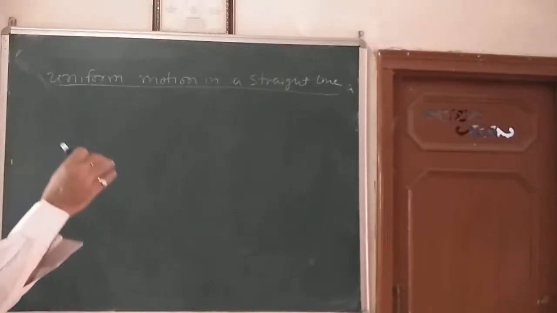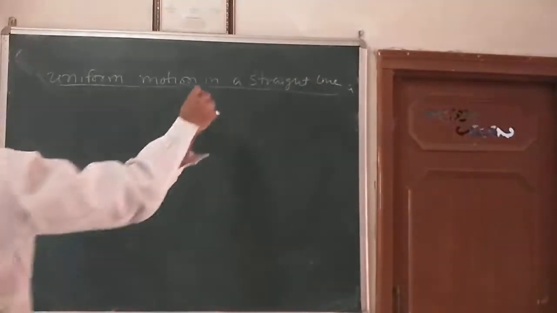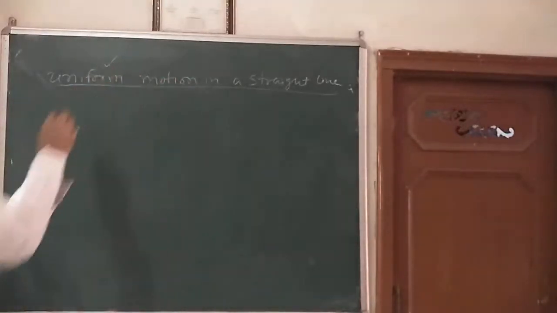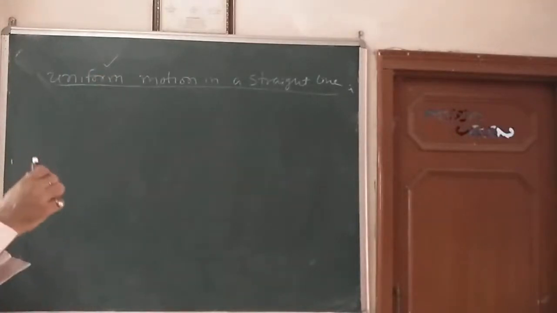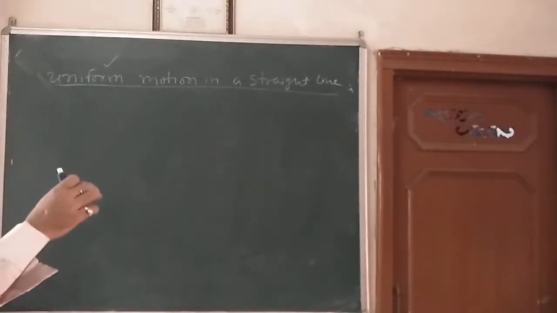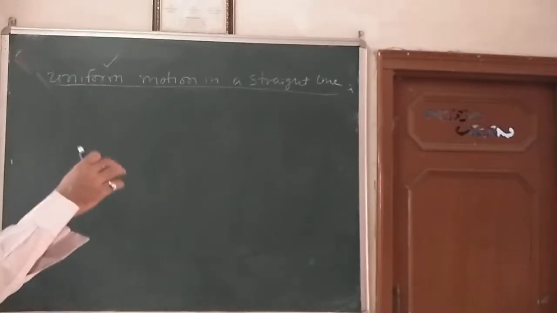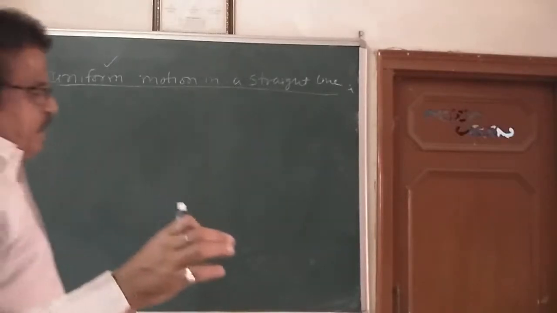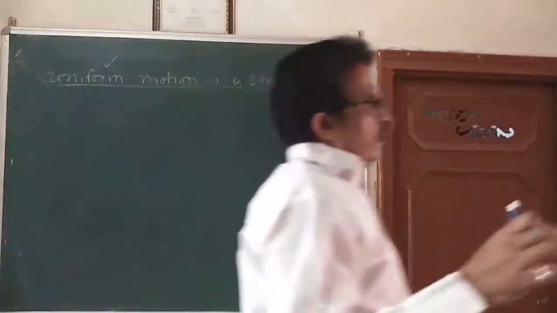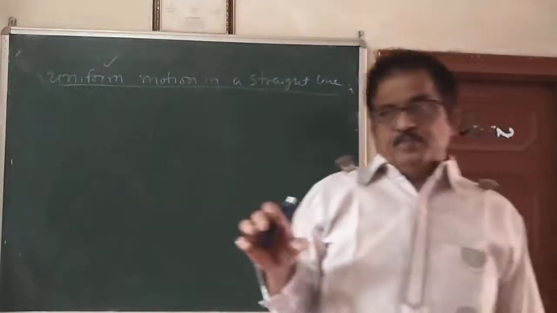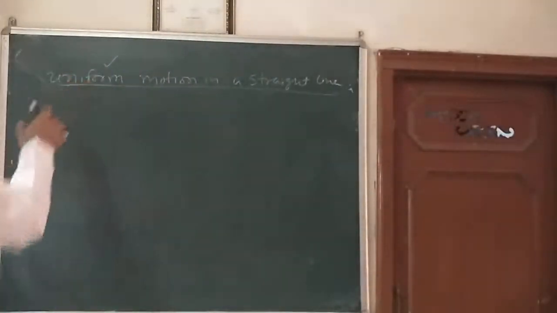An object is said to be in uniform motion if its velocity is uniform. It undergoes equal displacement in equal intervals of time. Then we can say it is in uniform motion.